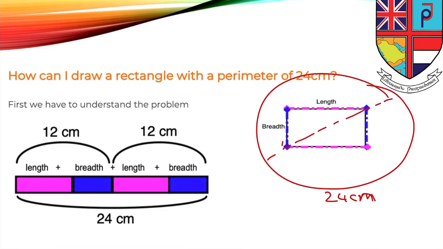So if half of 24 is 12, is it fair to say that these two sides added together equal 12 centimeters somehow? And then if they're the same here, somehow there's two numbers on this side which also add up to give us 12 centimeters.